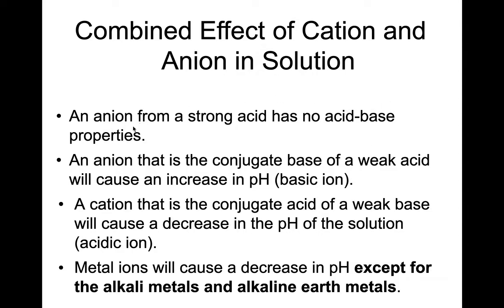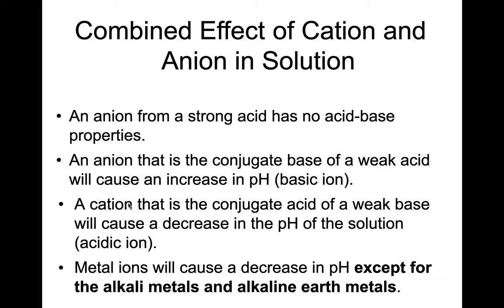It will have no effect on the pH of our solution because it was the conjugate base of a strong acid. It's negligible. An anion that is the conjugate base of a weak acid will increase the pH, so it will have a base effect.